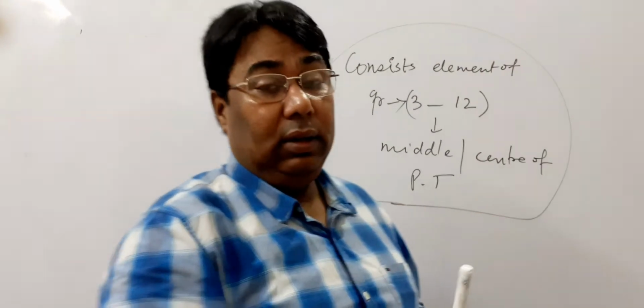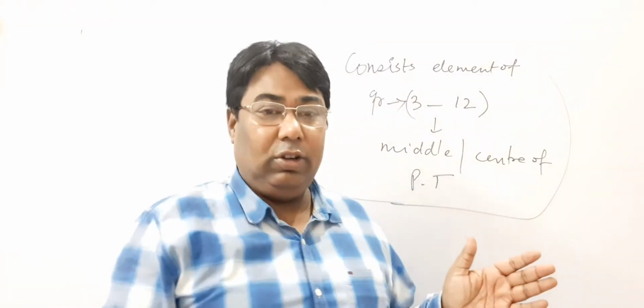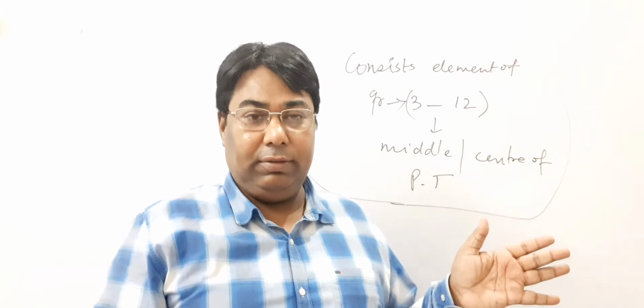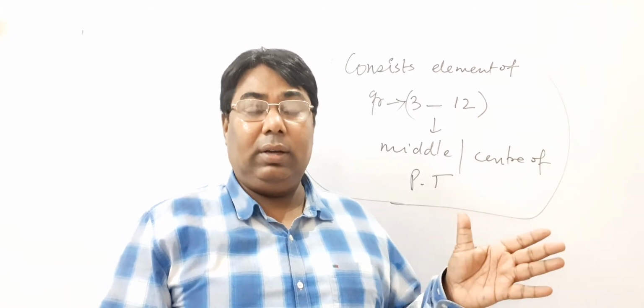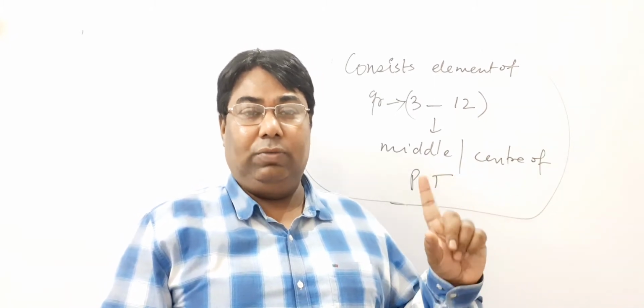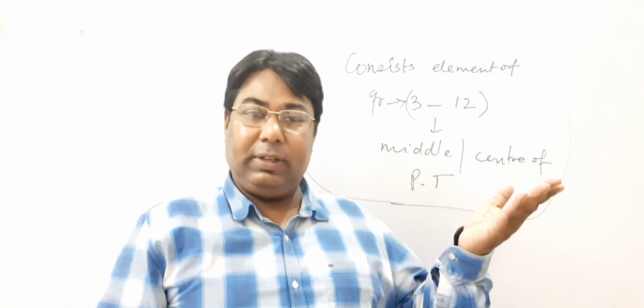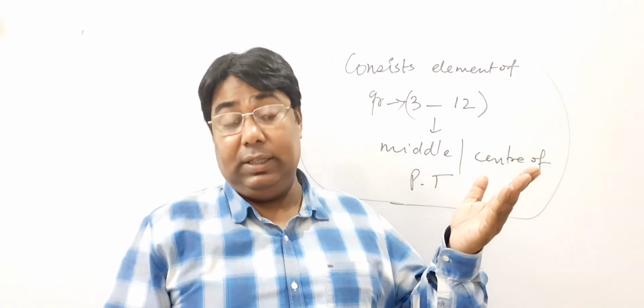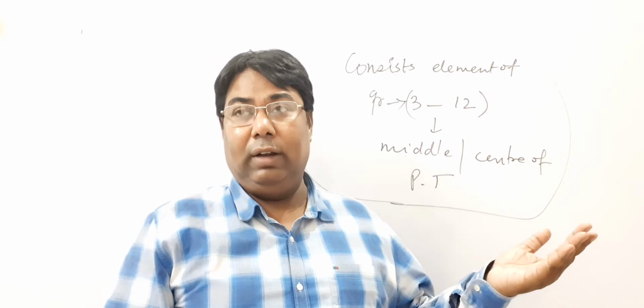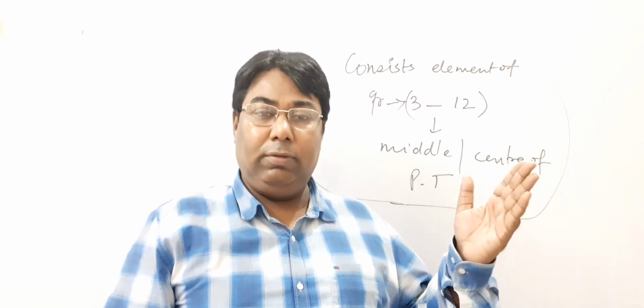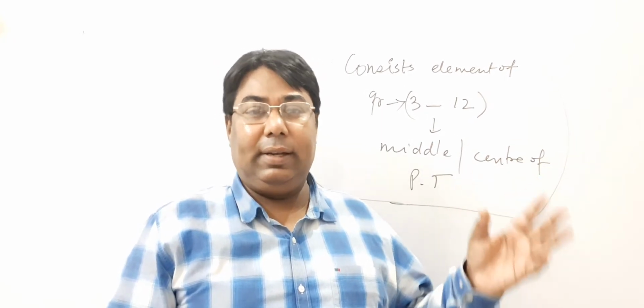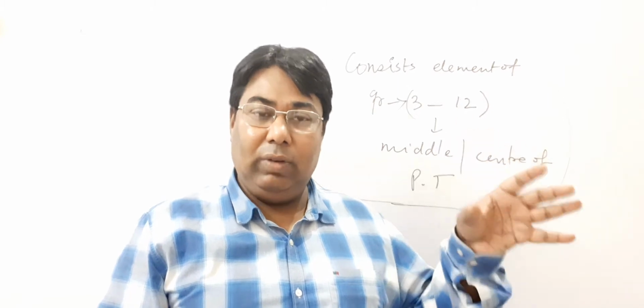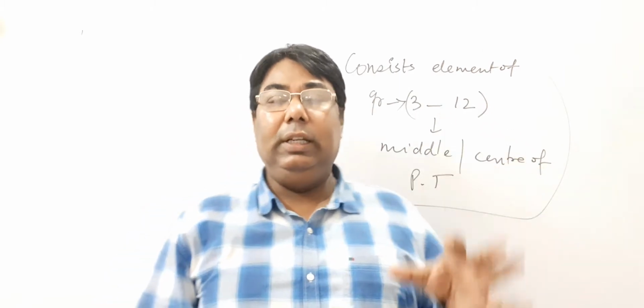Once again, d-block consists of elements of group 3 to 12. So in s-block, two groups are present, group 1 and 2, and after that the d-block starts from group 3 to 12. Groups 3, 4, 5, 6, 7, 8, 9, 10, 11 and 12 belong to the d-block of the periodic table.